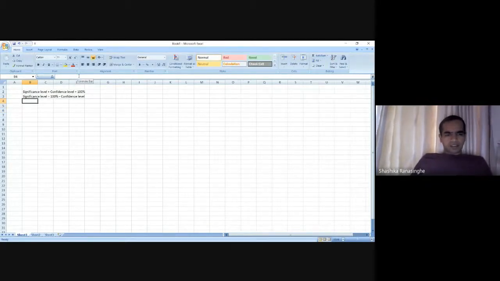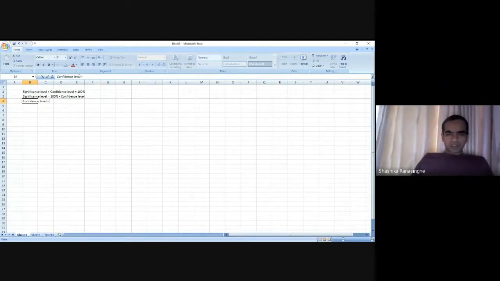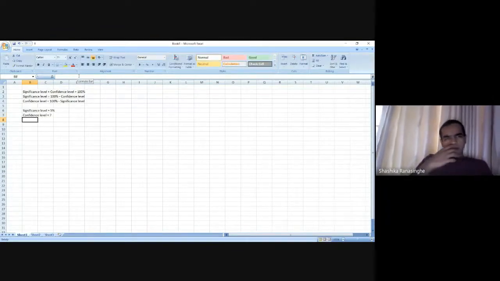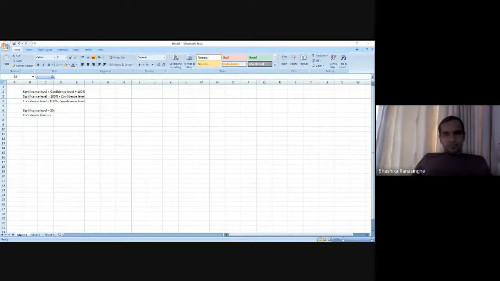In other words, confidence level equals 100% minus significance. So if significance level is 5%, what would be the confidence level? 95%.